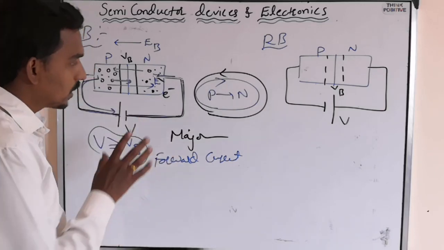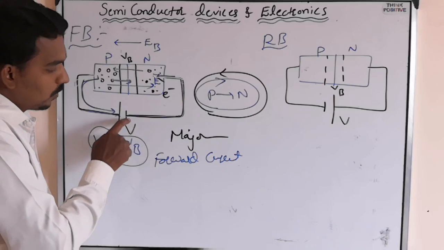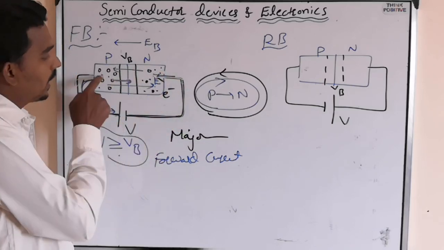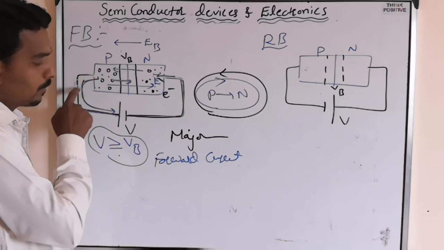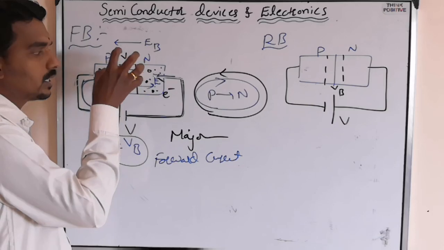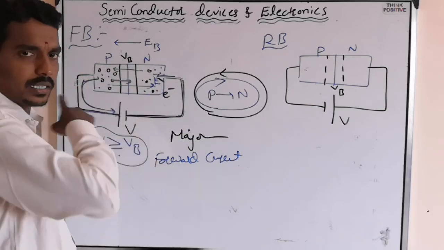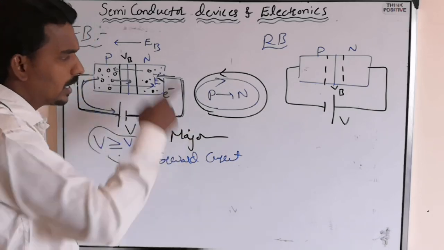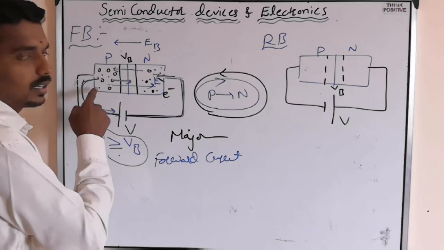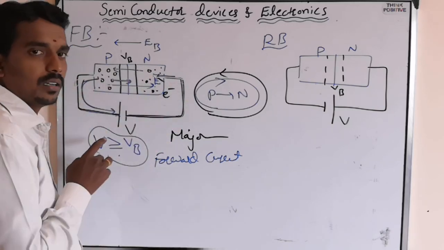And I'll tell you once again, as this connection is made, one electron from the negative terminal enters and one electron from the p-type enters the positive terminal. So the number of charges always remains the same, but the flow of electrons continuously takes place, so that this flow of charges is possible.